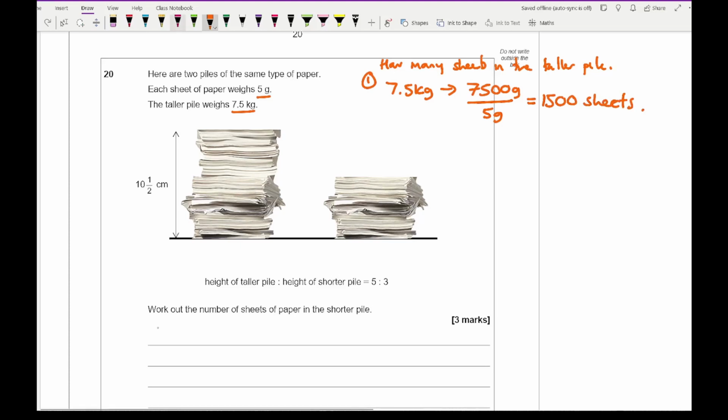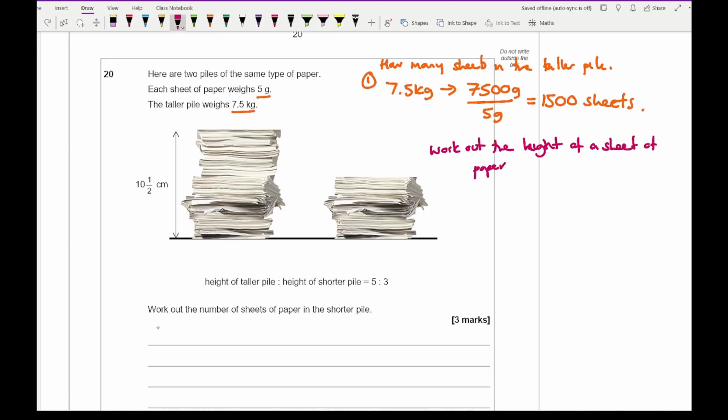So then from this, I know that there's 1,500 sheets. So from this, what I can then do is work out the height of a sheet of paper.